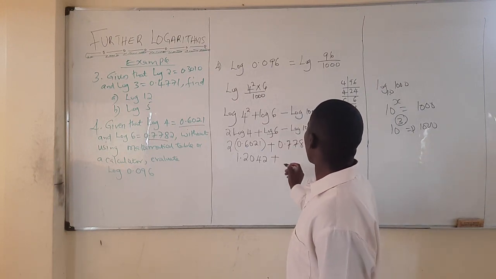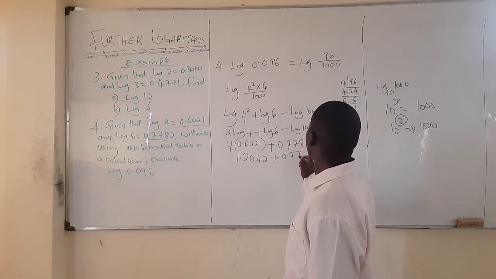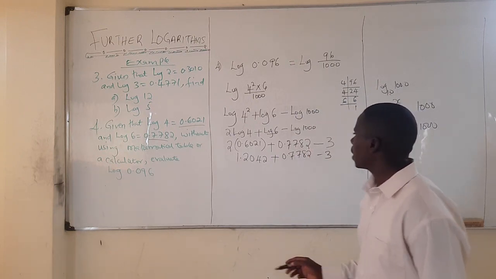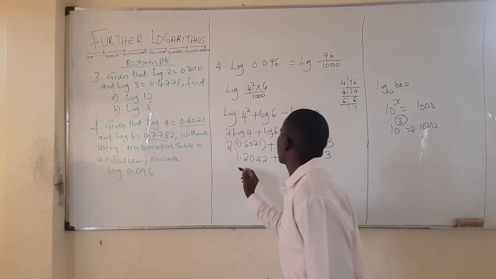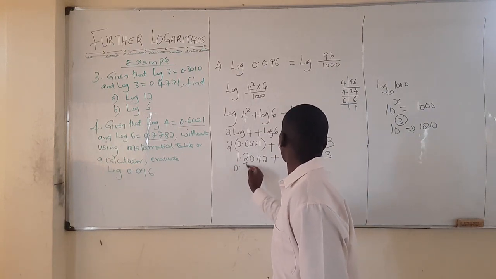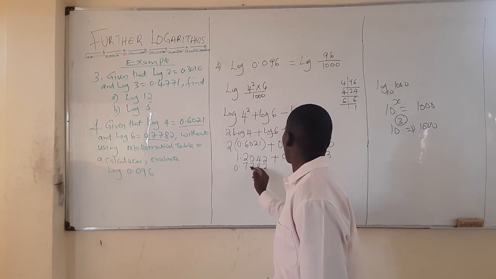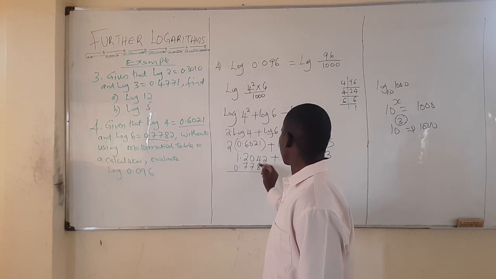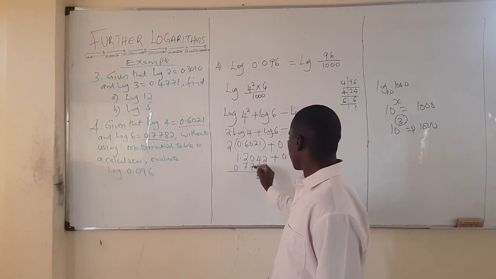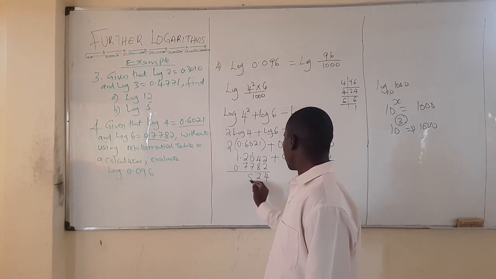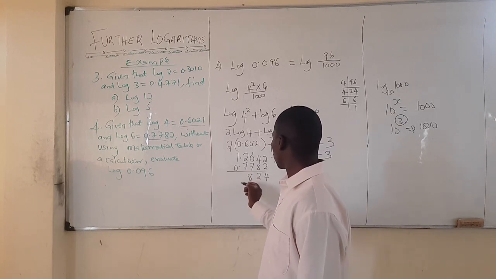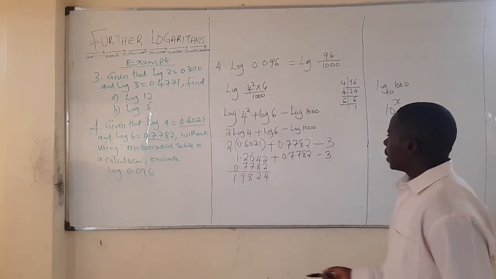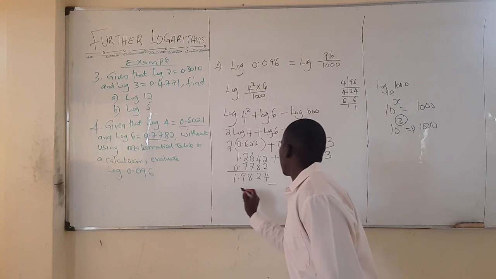Plus 0.7782 minus 3. So remember, these are logs. So we can add this one, 0.7782. We're going to have 4. This is 8 plus 4, 12. Carry 1. 7 plus 1, 8. Then 7 plus 2, 9. Then 1 plus 0, 1 point. So when you add the 2, then we subtract 3.